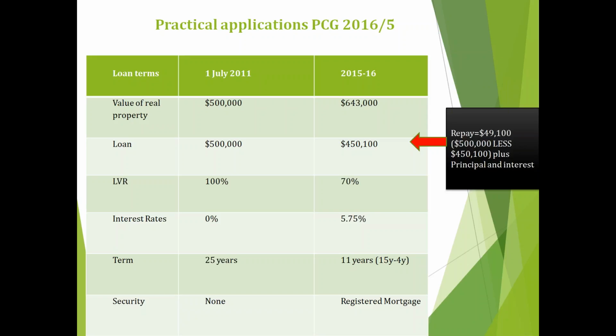The interest rate of 5.75% per annum applies from 1st of July 2015 to the 30th of June 2016. The SMSF trustees must determine and pay the appropriate amount of principal and interest for the year.